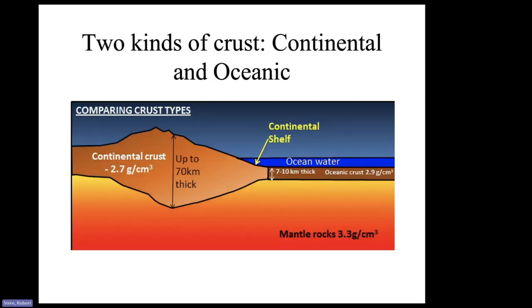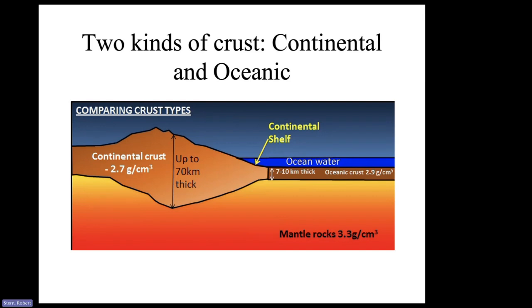All right, so there's two types of crust, continental and oceanic. And here we can see that it's emphasizing something different than velocities, but velocities and densities are related in an interesting way. You see the continental crust has a lower density and it's thicker.